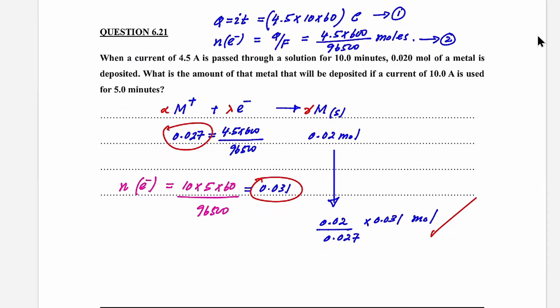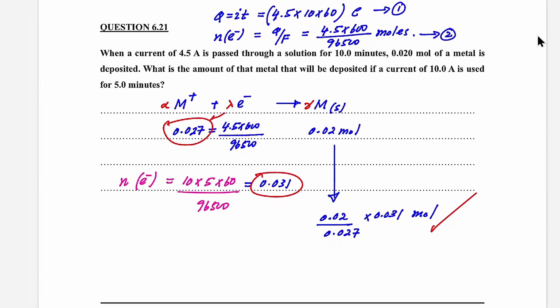Now what I'm looking at here is my lambda value. The gamma value is already given to you. So I understand the lambda gamma ratio, a small math problem. For this amount of electron moles, how much is the gamma value?